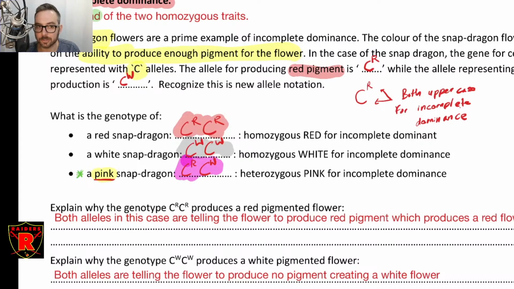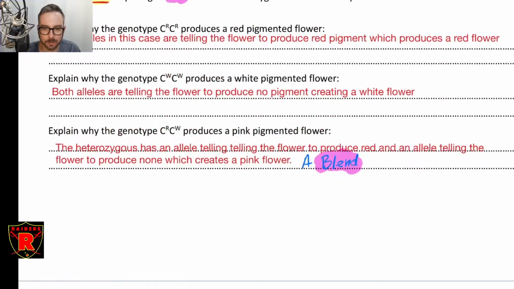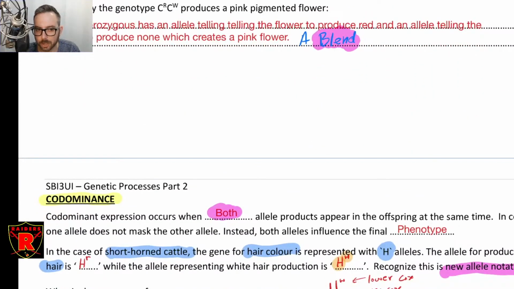In other words, some petals would be red and some petals would be white, or some parts of the petal would be red and some parts would be white. But you wouldn't see a blending where every cell is both. You would see some have chosen one and some have chosen the other. Okay? So some have chosen one and some have chosen the other is called codominance.